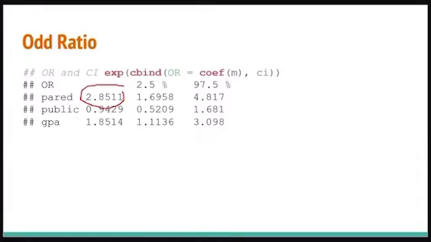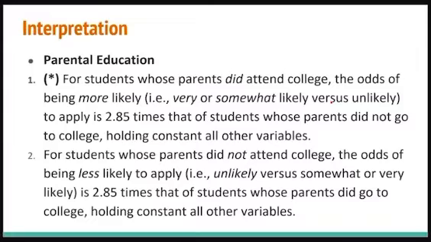Now, this is the way I'm going to interpret that. For a student whose parent did attend college, the odds of being more likely, meaning very or somewhat likely versus unlikely, to apply is 2.8 times that of a student whose parent did not go to college, holding other variables constant.